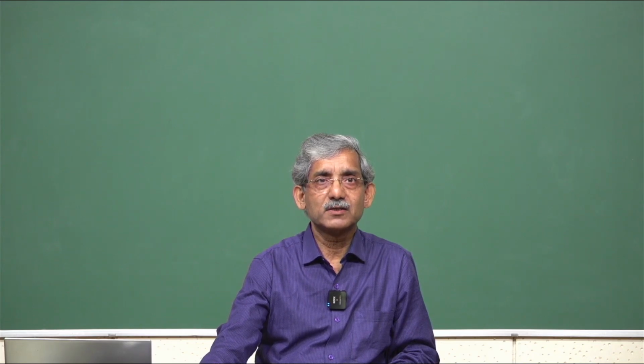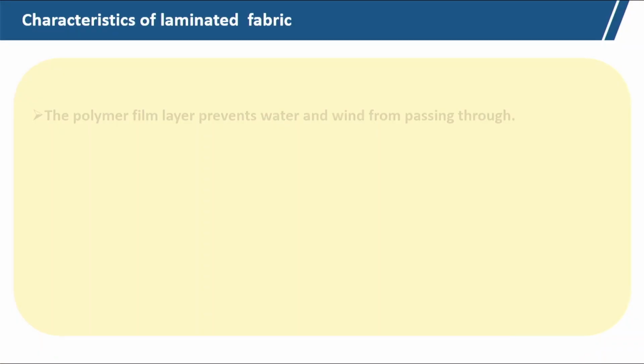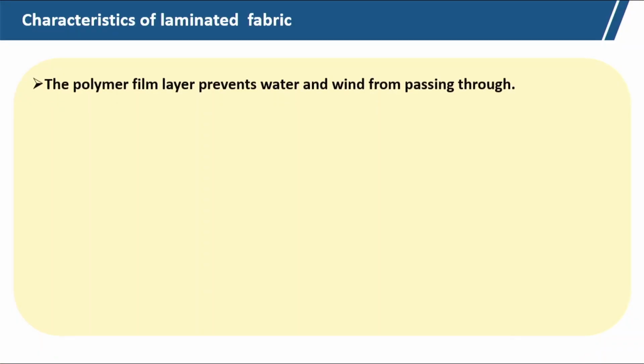The characteristics of laminated fabrics: the polymer film layer prevents water from passing through, but at the same time it allows moisture vapor to pass through.